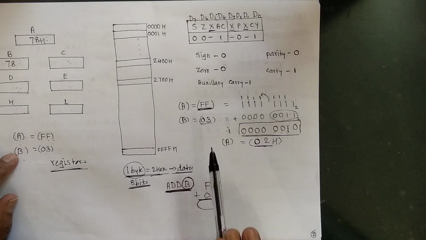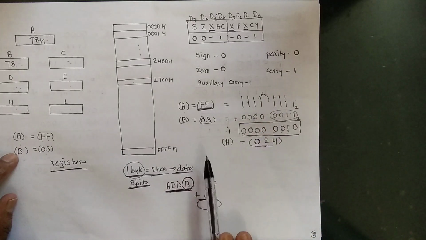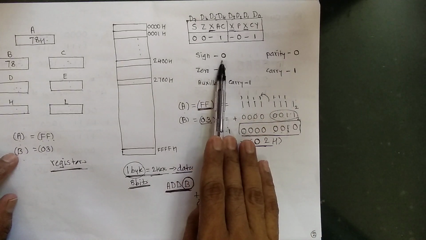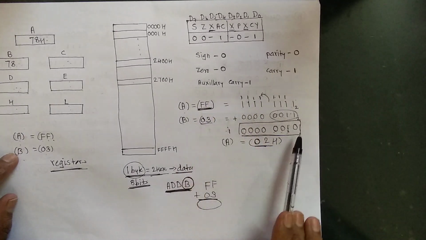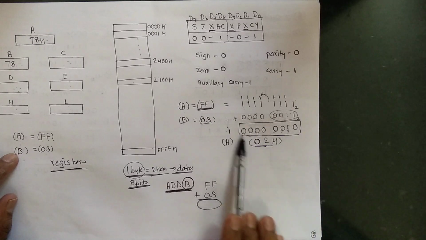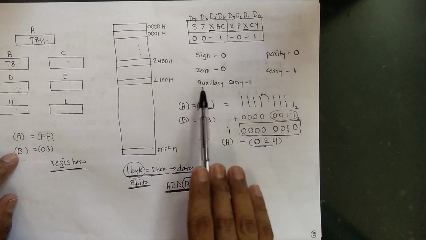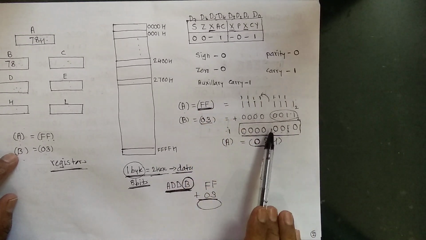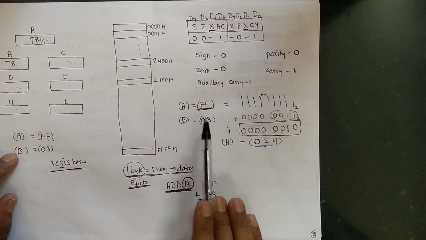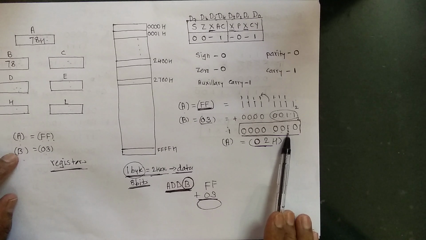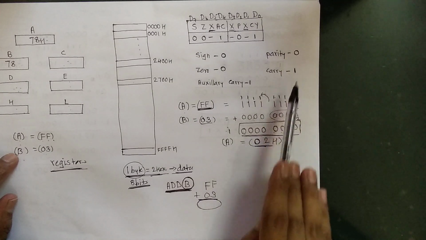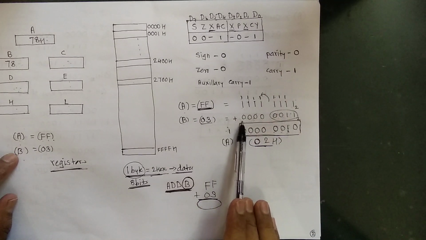In this example, sign equal to 0 because the answer is not negative, zero flag equal to 0 because the answer has a value other than 0, auxiliary carry flag equal to 1 because carry is generated from 4th to 5th bit, parity flag equal to 0 because 1 is present odd times, carry flag equal to 1 because carry is generated from 8th bit to 9th bit.